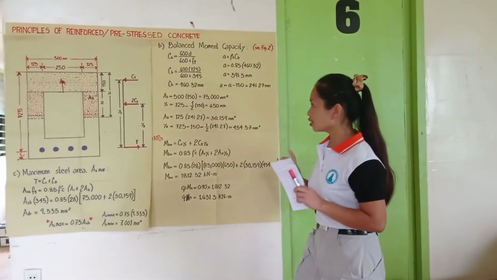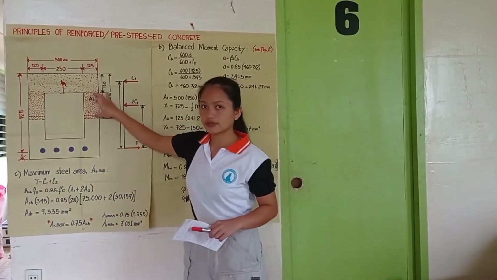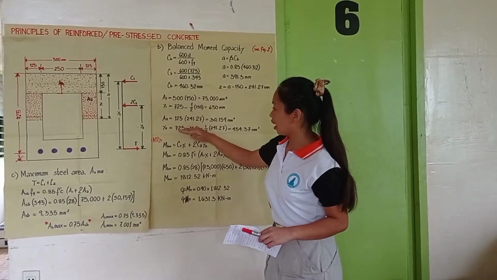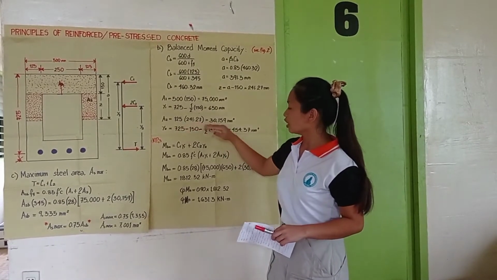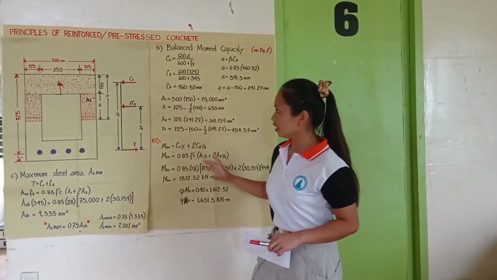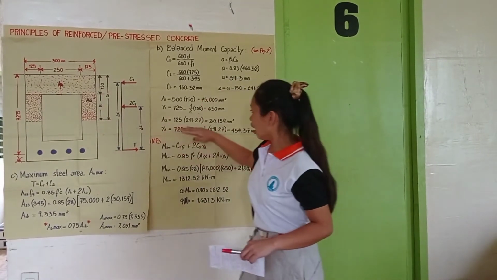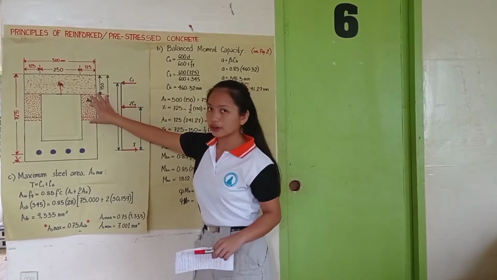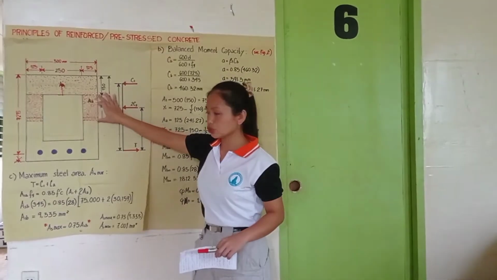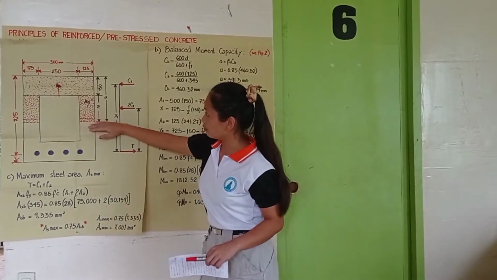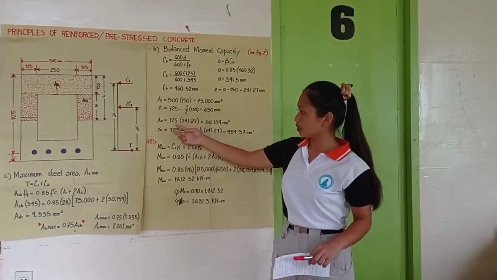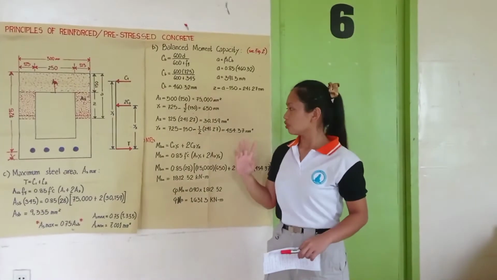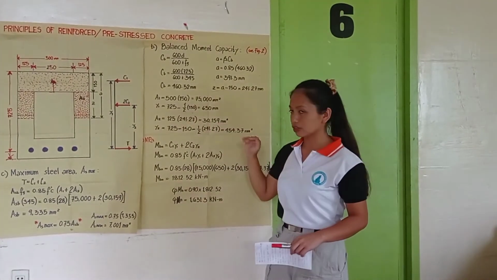After that, we will solve for area 2, this one, as I have explained to you earlier. Area 2 is equal to 125 times 241.27. Why? Our 241.27 comes from the length of our Z, which refers to the length of our area 2. Since it has a base of 125, that will be 125 times Z, which is 241.27, and that is 30,159 millimeters squared.